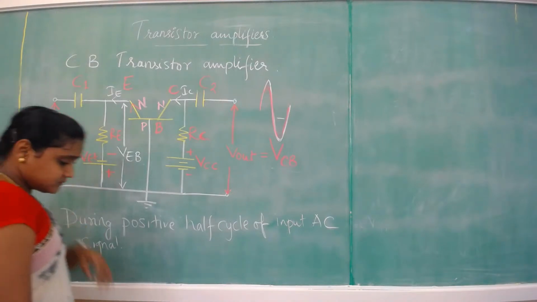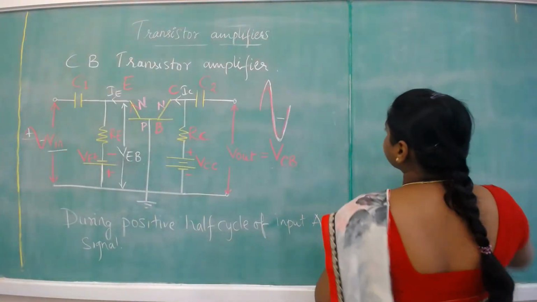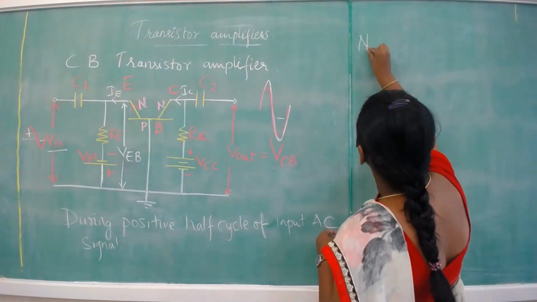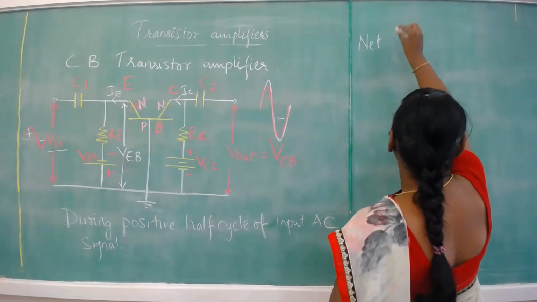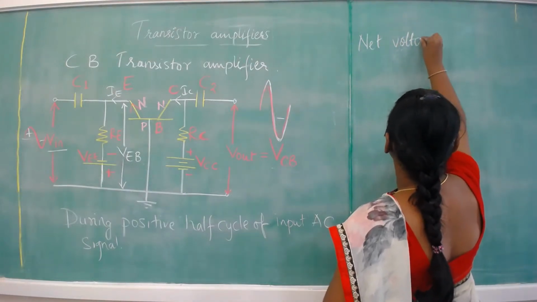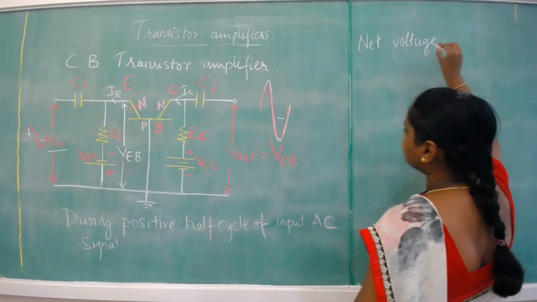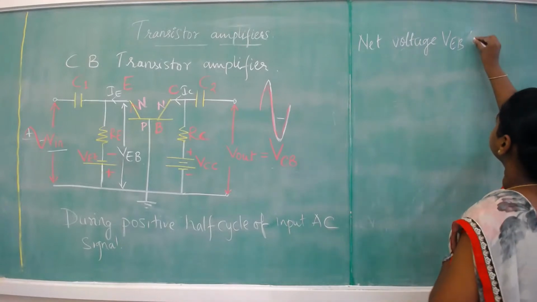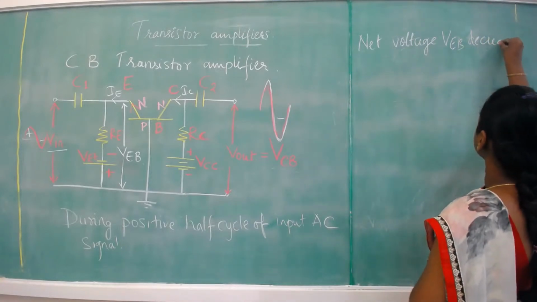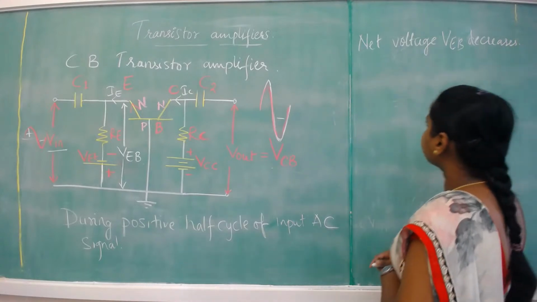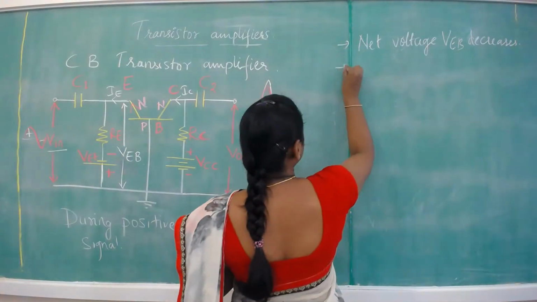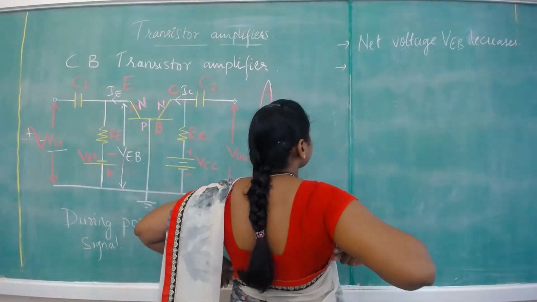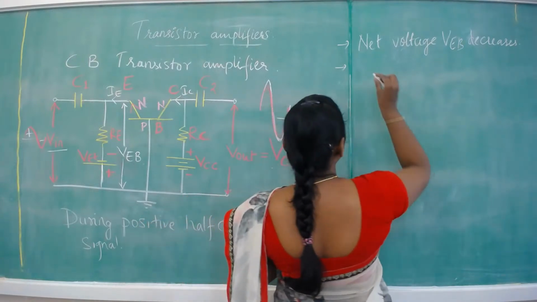Okay, so what happens here? I'm just explaining the working. So what happens? Net voltage or net bias voltage VEB decreases. I'm writing it point wise so that you can easily understand it.